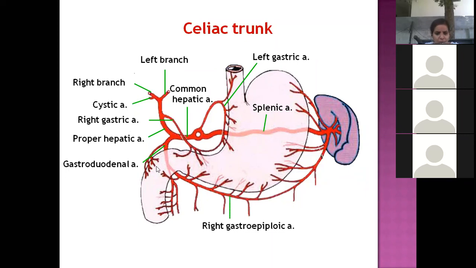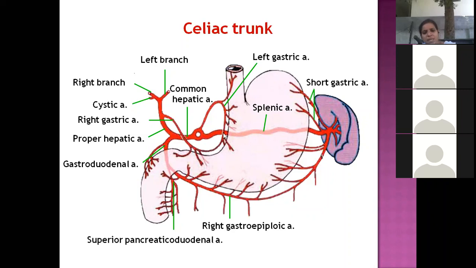Very good attention. Okay. Now see here, gastroduodenal artery is moving along the greater curvature of the stomach and giving right gastroepiploic artery. Now, if you see one more branch of this gastroduodenal, which is moving towards the pancreas and duodenum, you call it as superior pancreaticoduodenal artery. Okay.